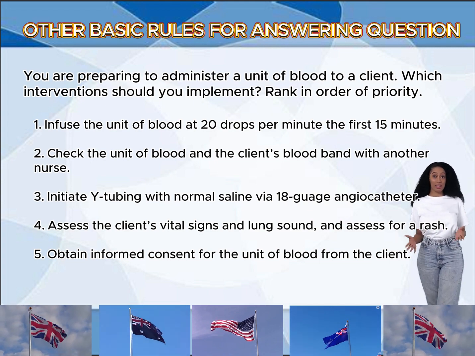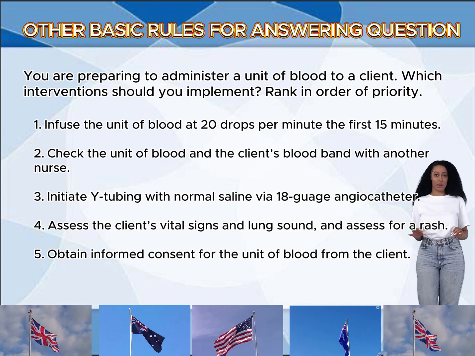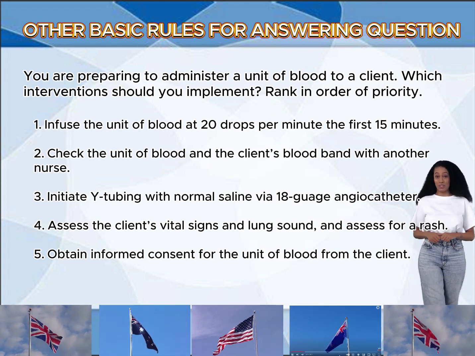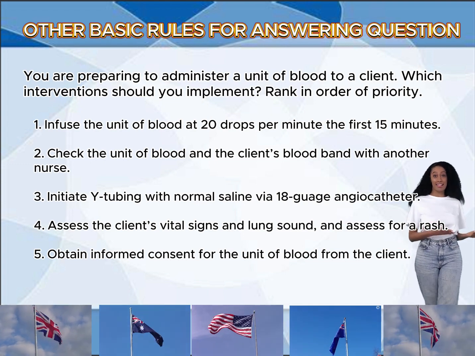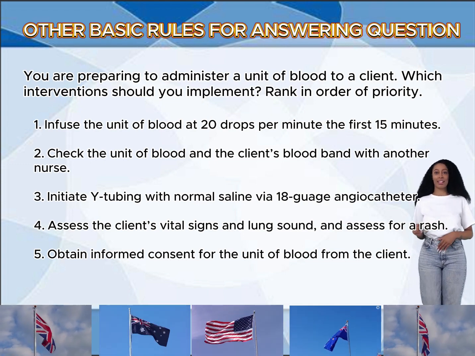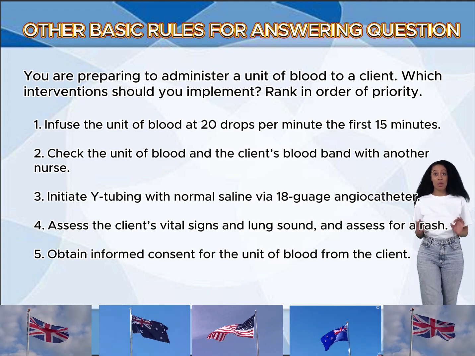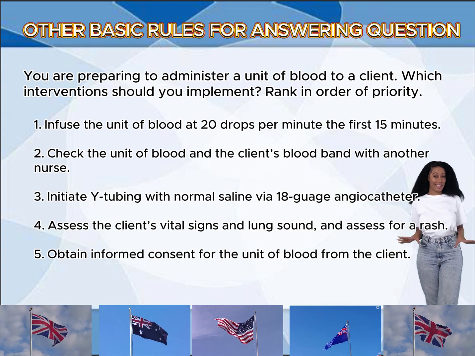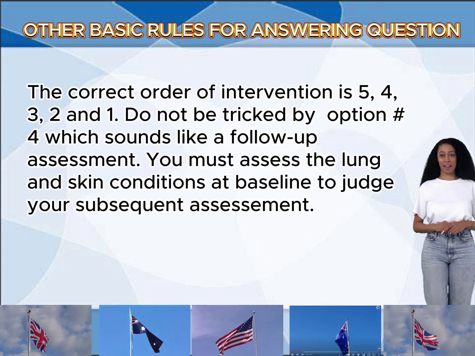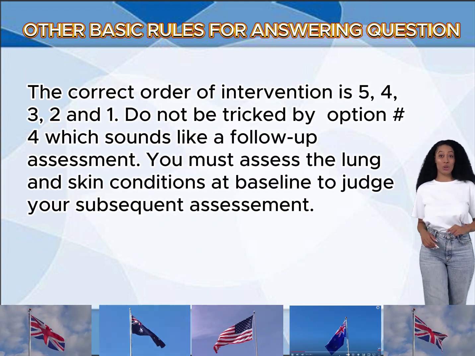Check the unit of blood and the client's blood band with another nurse. 3. Initiate wide tubing with normal saline via 18-gauge angiocatheter. 4. Assess the client's vital signs and lung sound, and assess for a rash. 5. Obtain informed consent for the unit of blood from the client. The correct order of intervention is 5, 4, 3, 2, and 1.